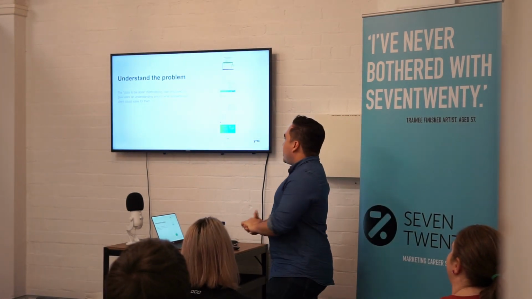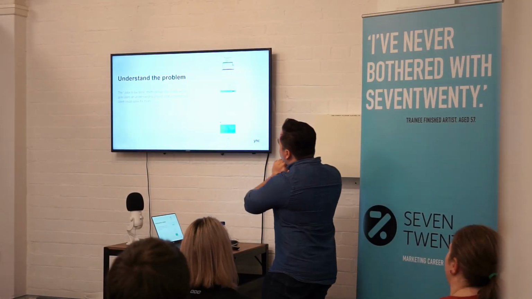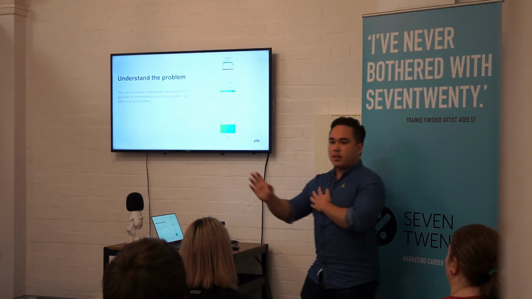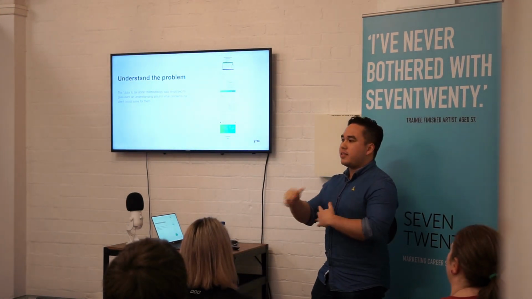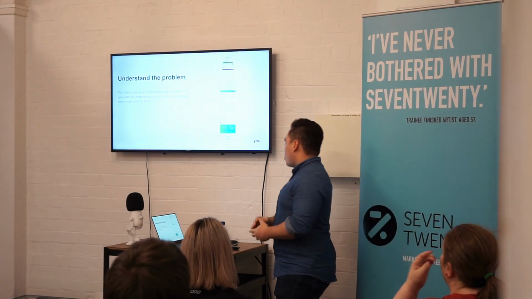For those of you who haven't, essentially you understand the problems first, what users are trying to solve in their day-to-day lives, and then come up with solutions, or the jobs and tasks they can do through your system, in order to alleviate the problems and pain points. On this page, we broke up the client's features and aspects of the program into four distinct areas of jobs to be done, so how they can actually interact with the system and solve their problems.